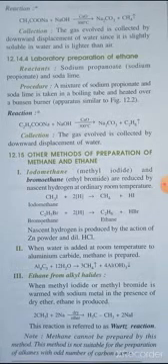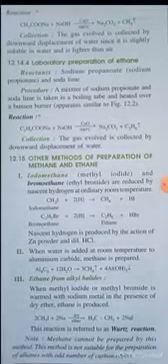Then how is ethane prepared? Ethane is also prepared in the same way as methane is prepared in the lab. But one thing is different, that is the reactant. In case of methane, we were using sodium ethanoate. In case of ethane, we will be using sodium propanoate, or sodium propionate, and soda lime.